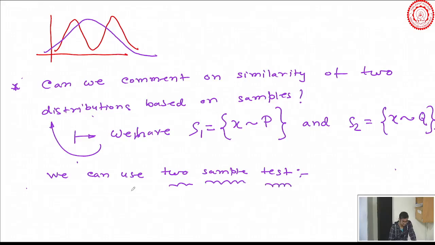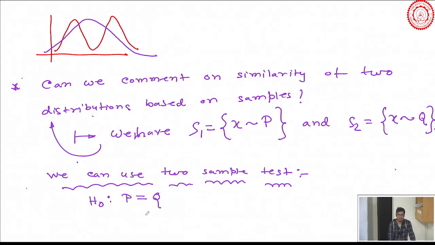The idea of the two sample test is that you have a null hypothesis, which we denote as H naught, which says that P is equal to Q, which means both these sets of samples have come from the same distribution. That's what it fundamentally means. And then you also have the alternative hypothesis, which naturally is P is not equal to Q.